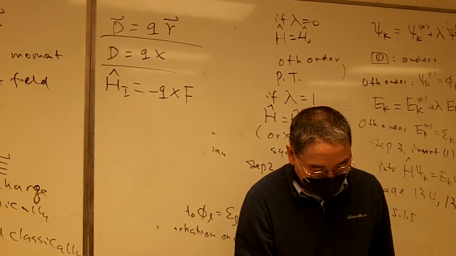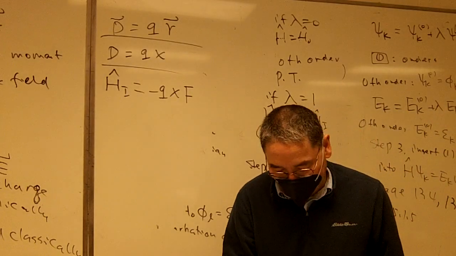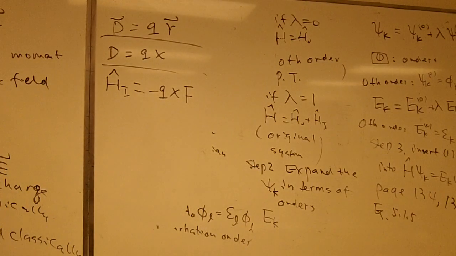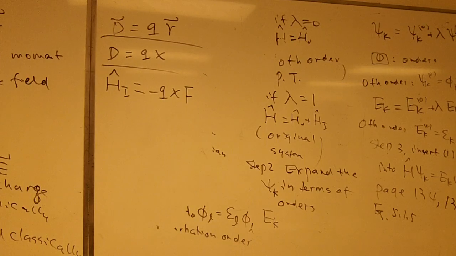the Dirac notation ⟨k|Ĥ_I|n⟩, which equals negative qF_x times ⟨k|x̂|n⟩. Since x̂ equals the square root of ħ over 2mω times the quantity â plus â†, then x̂|n⟩ equals the square root of ħ over 2mω times the quantity square root of n times |n−1⟩ plus the square root of n+1 times |n+1⟩.